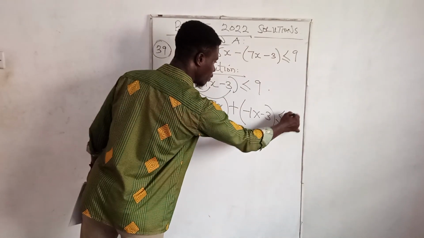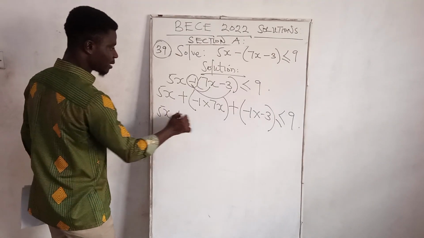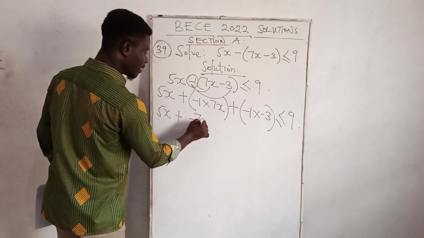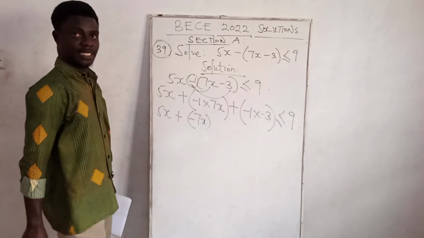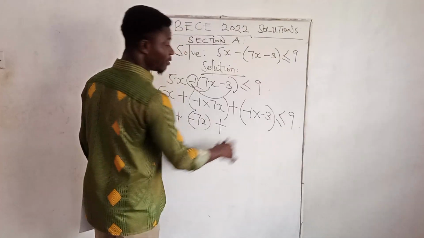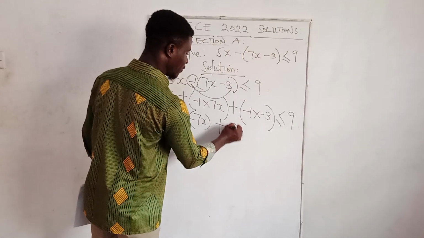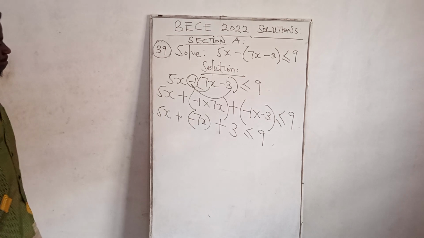Then my less than or equal to 9. So I have my 5x plus this guy, negative 7x, because negative 1 times positive 7 is negative 7, right? Then plus negative times negative is positive. So 1 times 3 is what? 3. Less than or equal to 9.